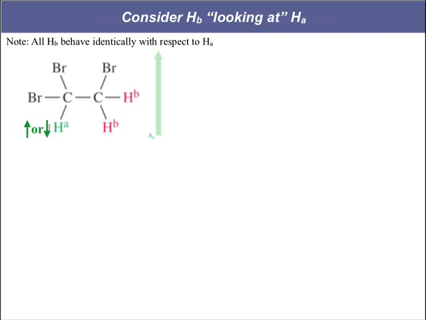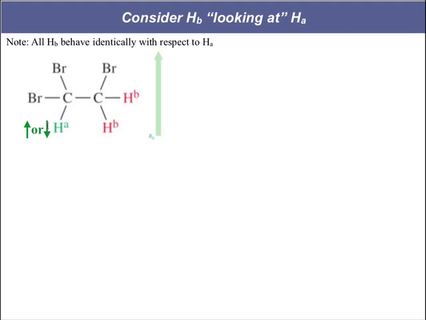Well, hydrogen A has its own magnetic field. Remember, it's a proton, that it has a nucleus that's a proton that is spinning, and therefore it generates its own magnetic field. Hydrogen A can be aligned with the external magnetic field, so aligned up, or it can be aligned against the magnetic field, so pointing down, meaning hydrogen can be in an alpha state or a beta state.